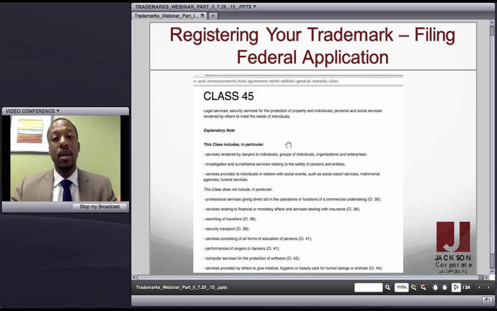There are some categories that have specific examples of what the class does not include, and some that have additional explanatory notes. So that's an easy way to peruse through the 45 classes and get an idea of whether your good or service will be classified into one class or into three classes.